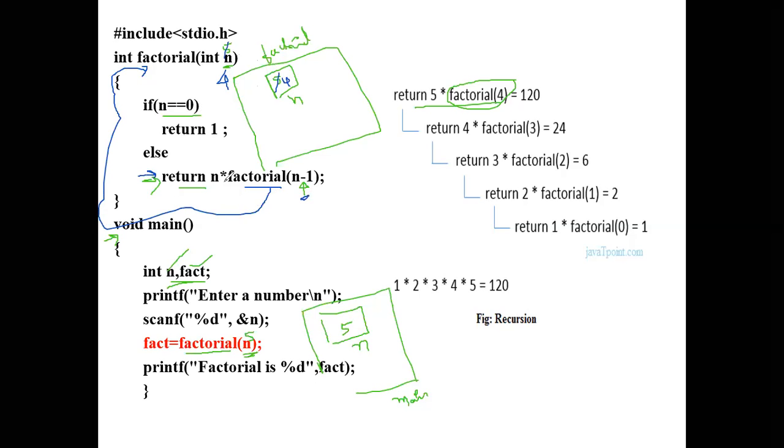We will write return n into factorial of n minus 1. N is 4 into 4 minus 1, that is 3. Again we are making the call to the function factorial with the value n is equal to 3. So now the value of n is 3.